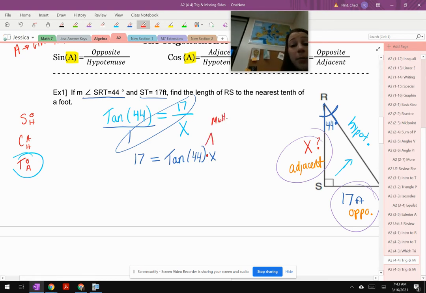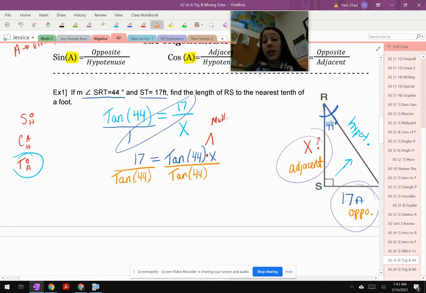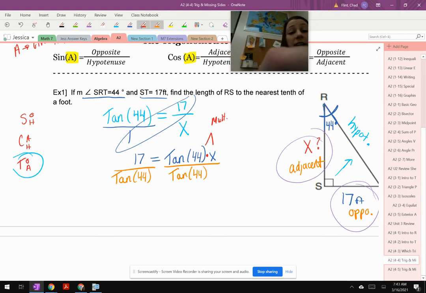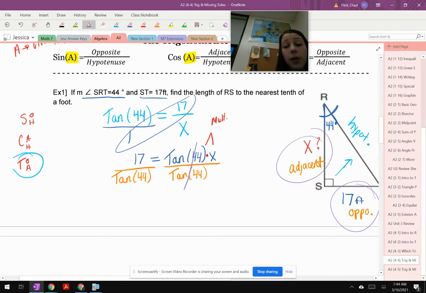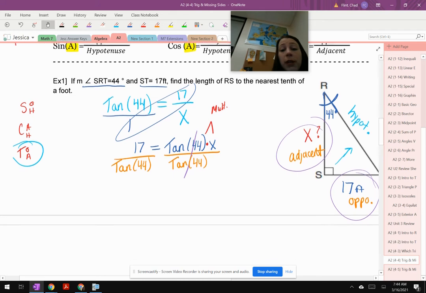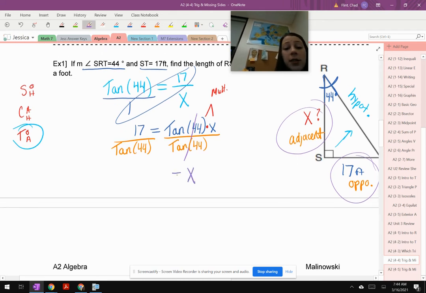So I'm going to do the opposite, and I'm going to divide both sides by the tangent of 44. It doesn't matter that I don't know what that is, because let's be honest, the tangent of 44 is nicer to write than a decimal. So we'll go to the calculator at the end there. So here, my tangent of 44s are going to cancel out. So I'm left with just plain old X equals, and then I'm going to do 17 divided by the tangent of 44 in the calculator.